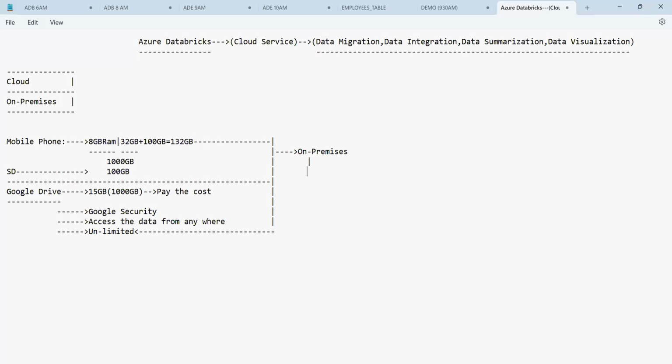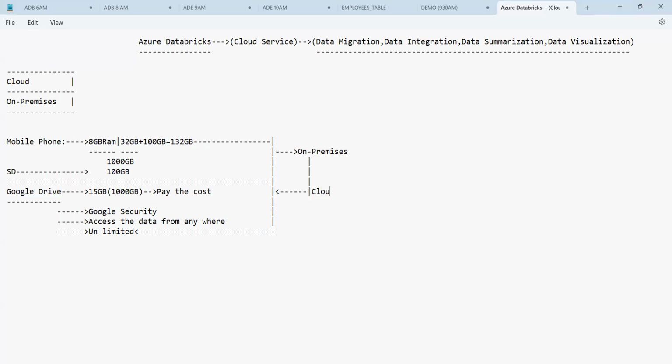Whatever data we store in the Google Drive is called cloud data. So here we are storing the data in the cloud environment rather than the on-premises environment.